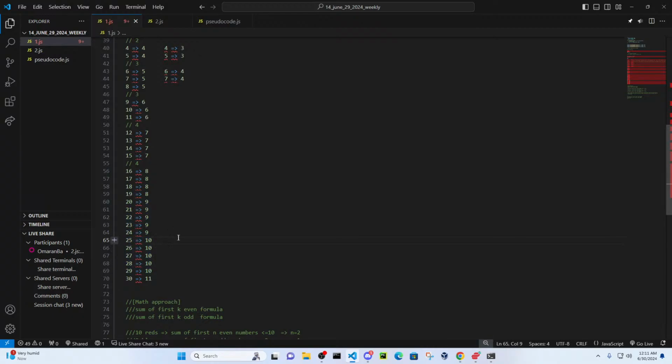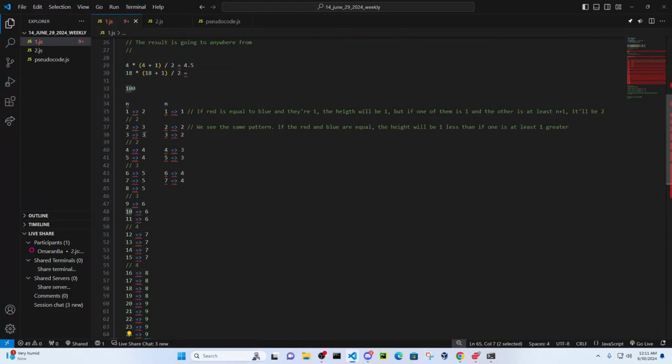And so the maximum height based off the minimum increases by 1 after 2 repeated, then it increases. 3 repeated, then it increases.